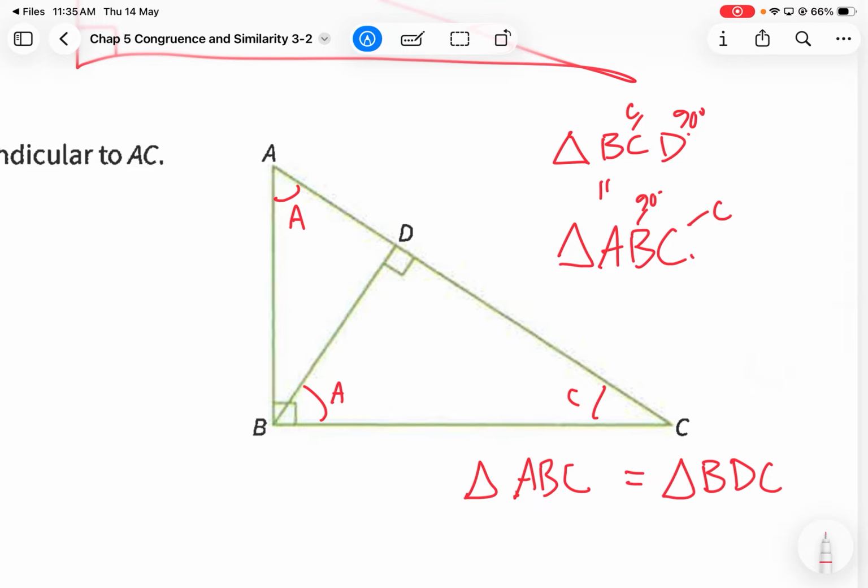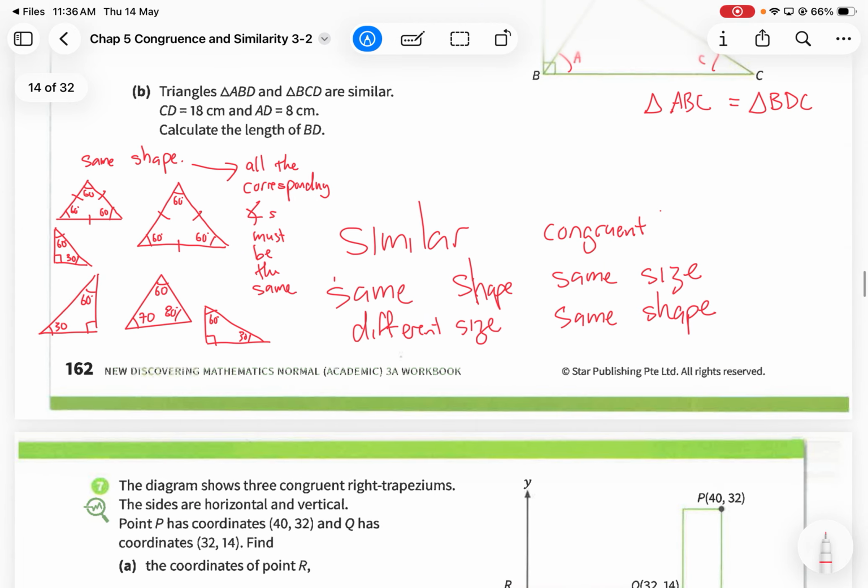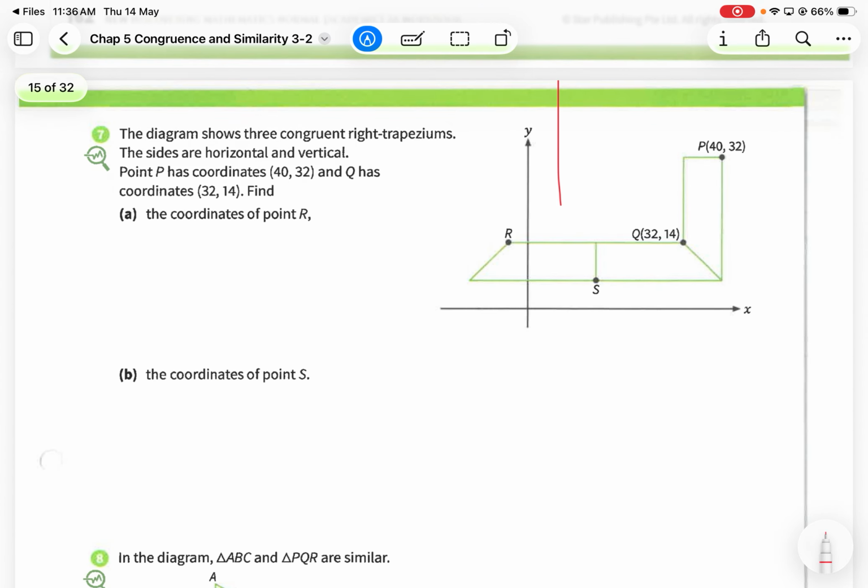C corresponds to C, A corresponds to B in the small one, and the 90 degrees is at B in the big one and at D in the small one. Okay? But this one is express. Usually they wouldn't ask you like that. Okay, then we can skip this question.